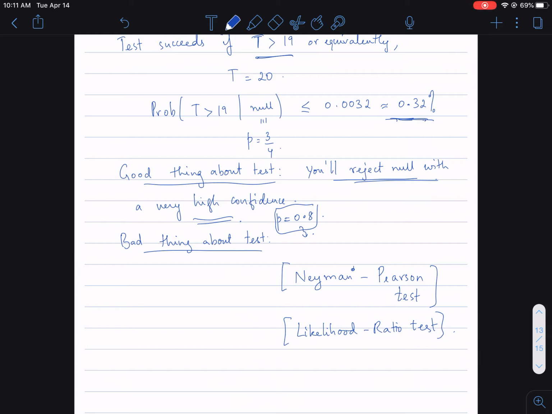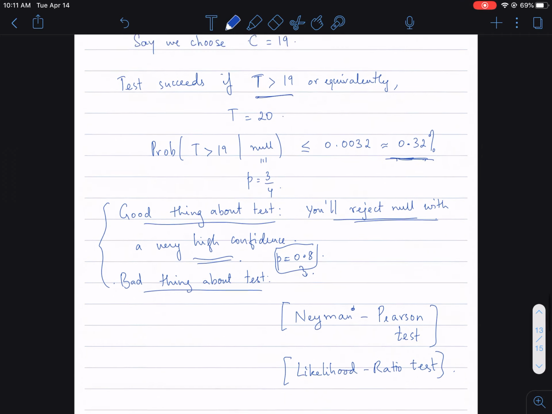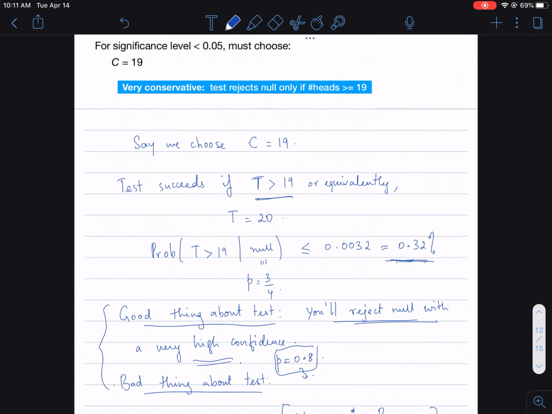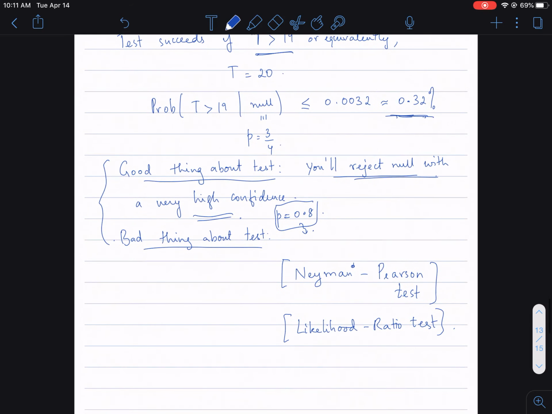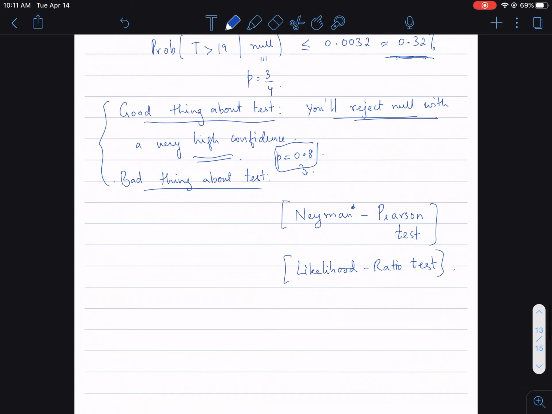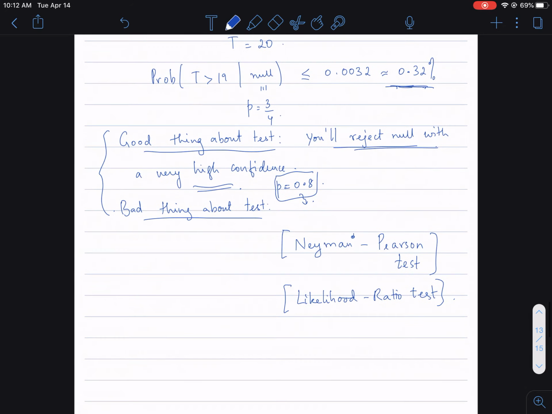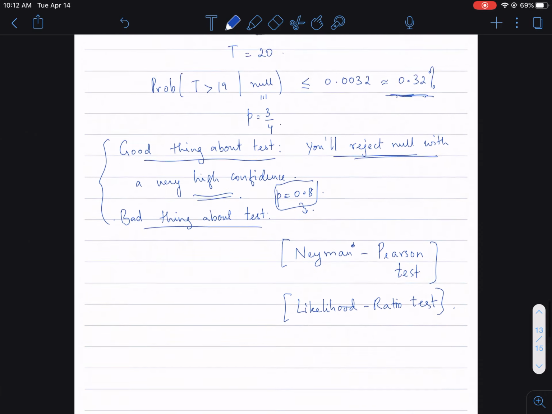Let me not go more into that, but this is something for you to know qualitatively: if you have a test that is too strong in some intuitive sense, then you will reject the null with a really high probability, but you may end up rejecting things outside the null as well. So that's some stuff to keep in mind.